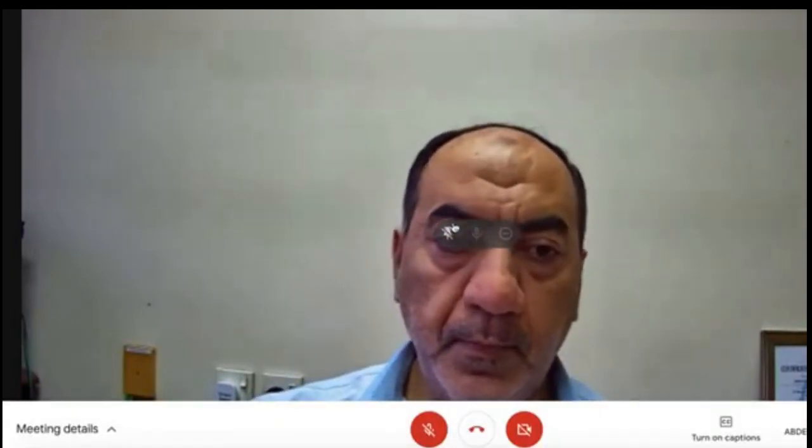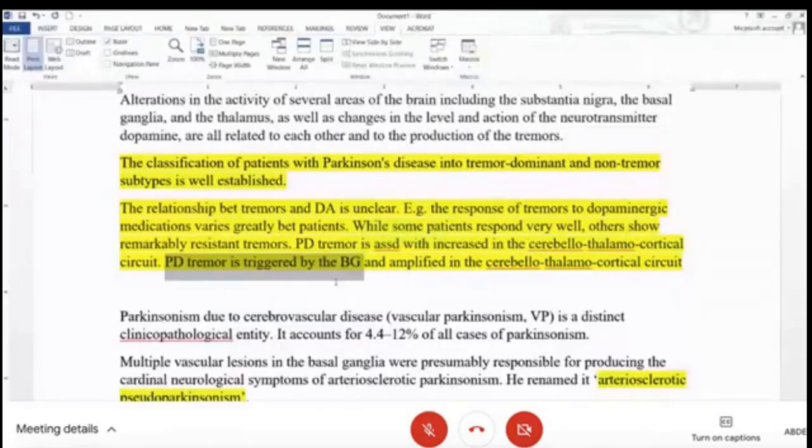This is just my humble explanation, but again, the issue is quite complicated. Let me recap: the tremor is initiated by the basal ganglia, by the dopamine. Then the cerebello-thalamo-cortical circuit will continue giving this shakiness and these tremors, continuously, as long as the patient does not hold something. Does that make sense? Yeah.